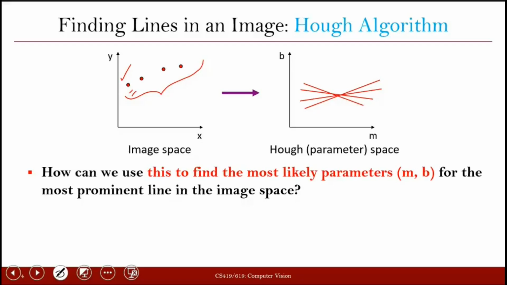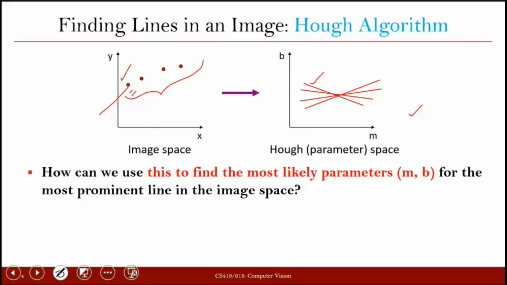In the case of a line, it turns out that finding the possible model parameters for which the line will pass through a particular point amounts to plotting a line in the Hough space. So for example, if this point is under consideration and we want to find the possible values of the model parameters, then those possible values will fall on a line in the Hough space.